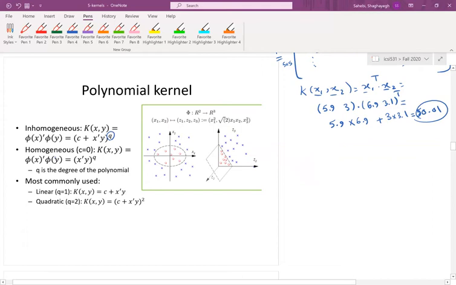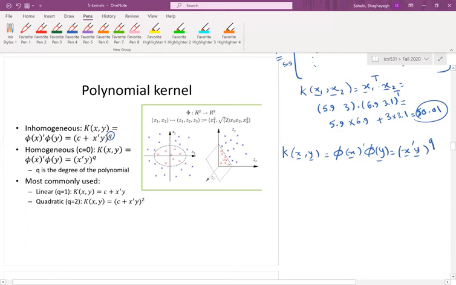So in the homogeneous kernel, the kernel between x and y is equal to phi of x transpose phi of y, and it is defined like this: x transpose y to the q.